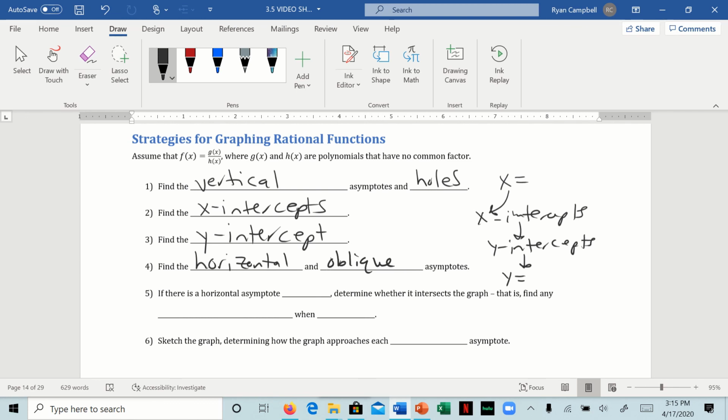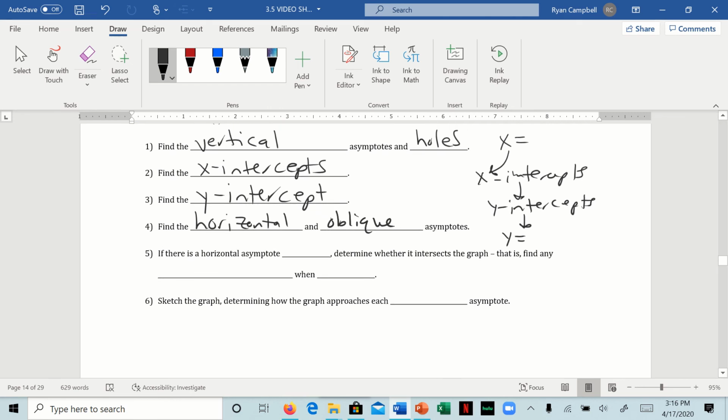I mean, it super doesn't matter what order you do it in, at least these first 4. It doesn't matter what order you do them in. But there's a rhythm to this, so it might be helpful. Also, remember, if we do have a horizontal asymptote at y equals c, we did say that the graph might cross at that point at some point, right?